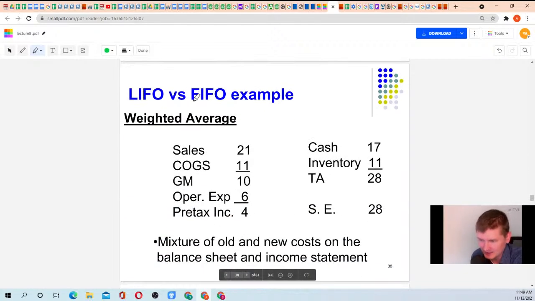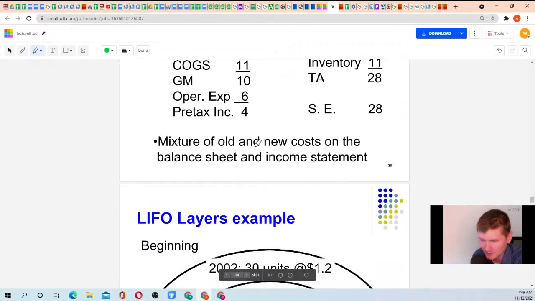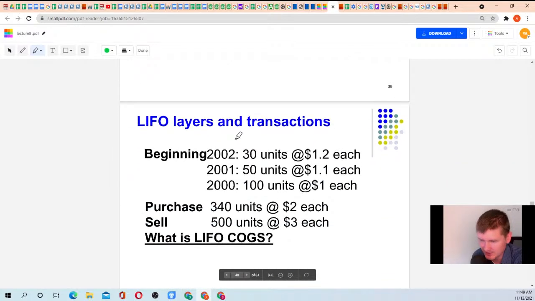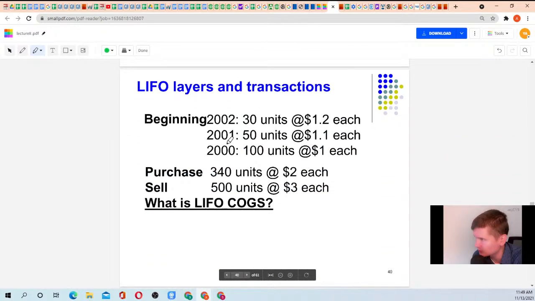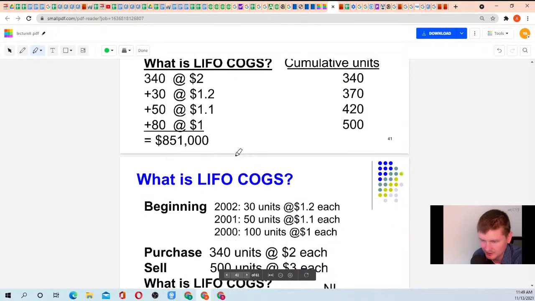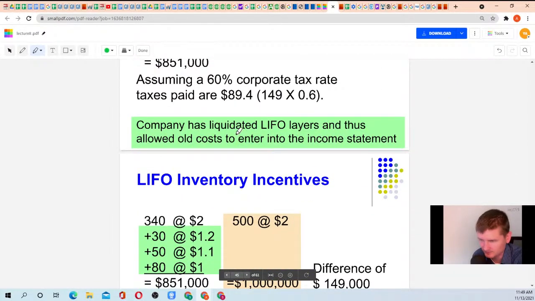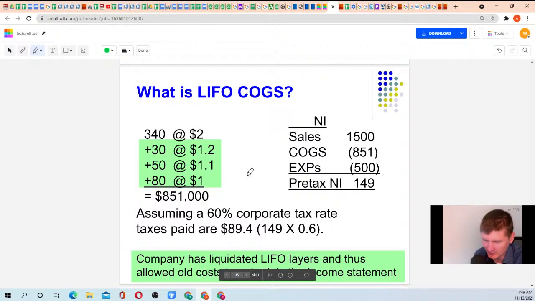LIFO versus FIFO example. Okay, mixture. Here they provide the same example which we have already considered. This is where they try to calculate the taxes based on LIFO and FIFO.